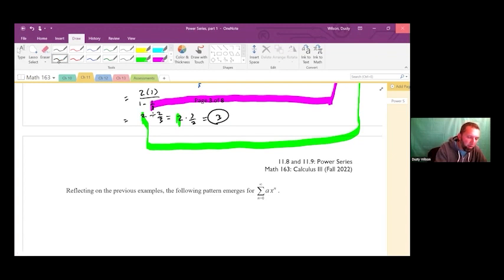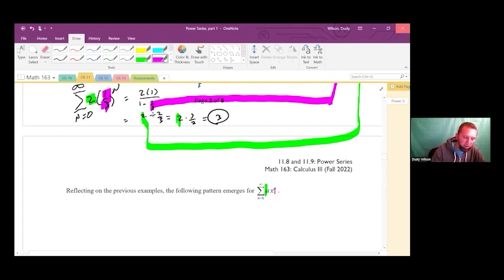So remember that we had the sum from n equals 0 to infinity of 2 times 1/3 to the nth power. Here's the 1/3, here's the 2. And we ended with this formula, 2 times 1 over 1 minus 1/3. So now when we reflect on that, we should see the following pattern. Notice that the a is like our 2, that's the common factor.